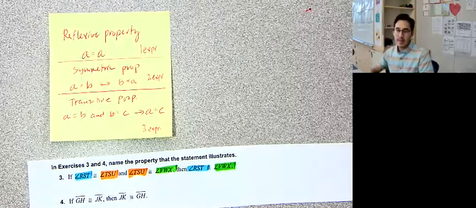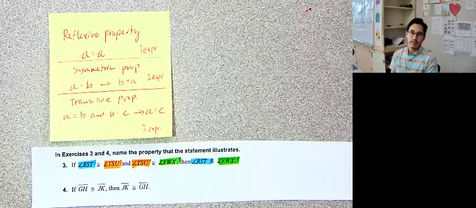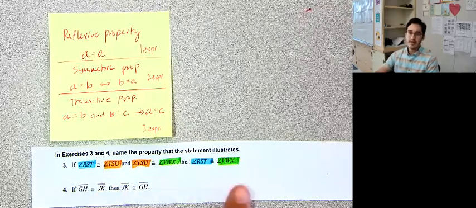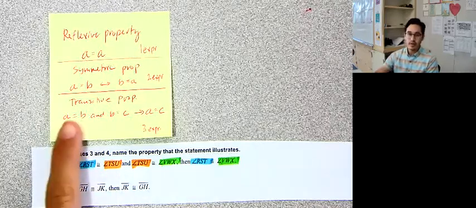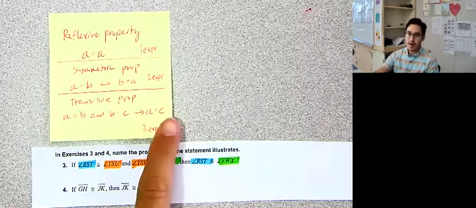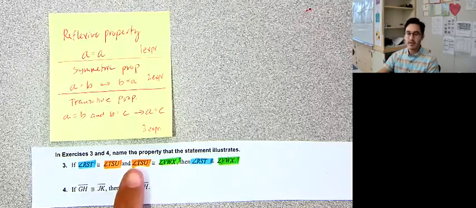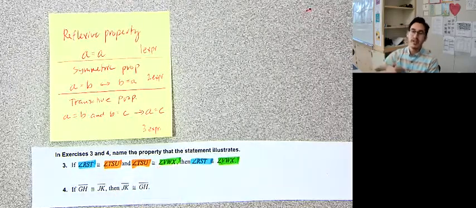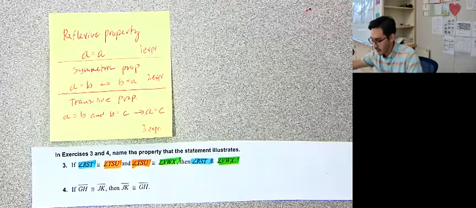And so how many different colors did I use? I used 3 different colors, for each of the 3 different angles. So this statement involves 3 different angles or 3 different expressions. So I know that this is the transitive property. The first angle is congruent to the second, and the second is congruent to the third. So following that chain of events, the first angle must be congruent to the last angle, or the third angle.